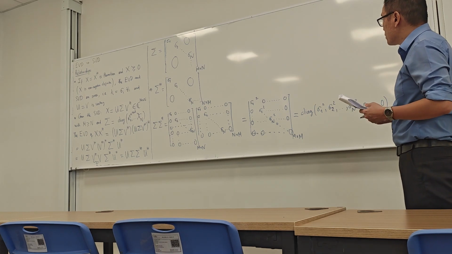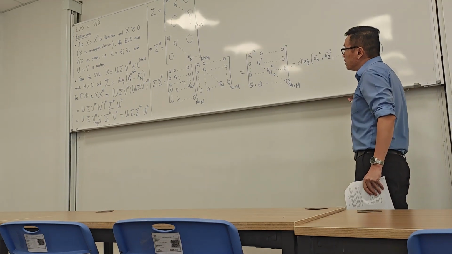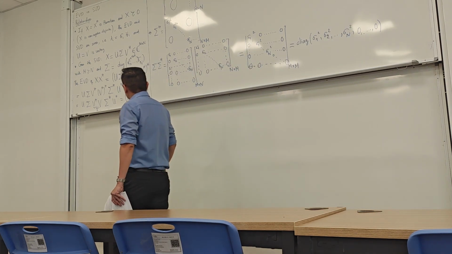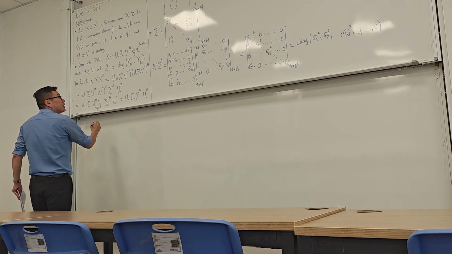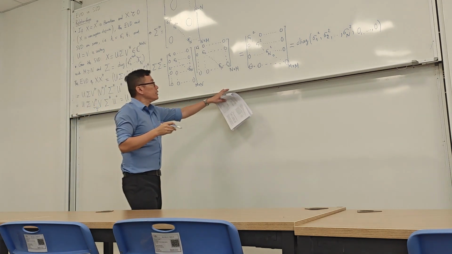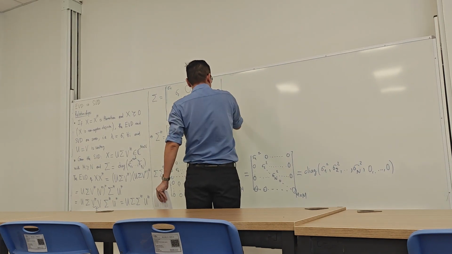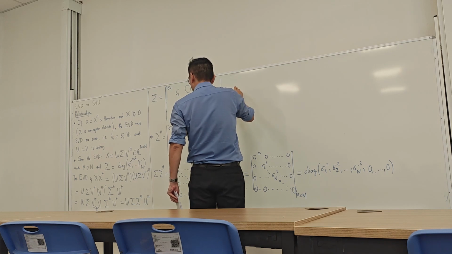It's not good. I didn't have a good arrangement, so I have to draw it down. Therefore, we have the following, everyone. We have x times x Hermitian.